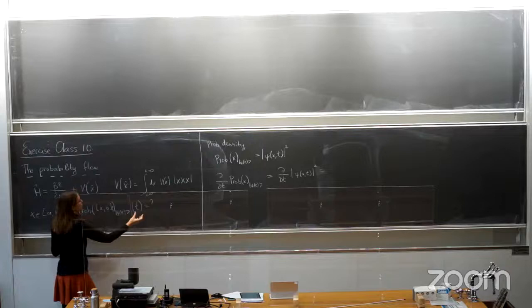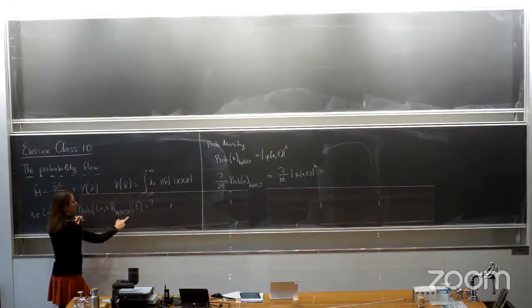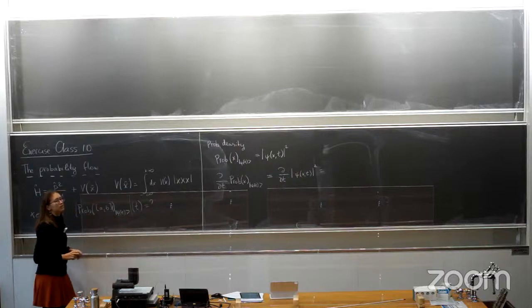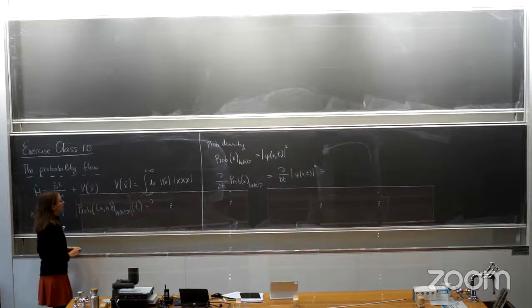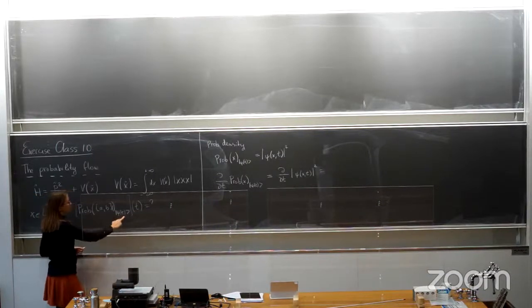So this is just a notation where I emphasize that this is a function of time, and here I'm specifying on which state it is calculated. Because here we introduce the t as the parameter which represents time, right? So then we say we calculate this probability on the wave function psi of t.